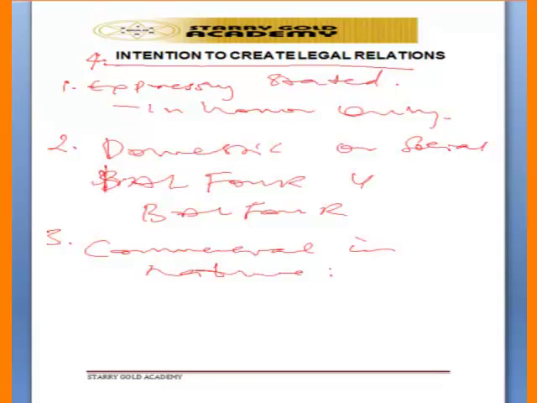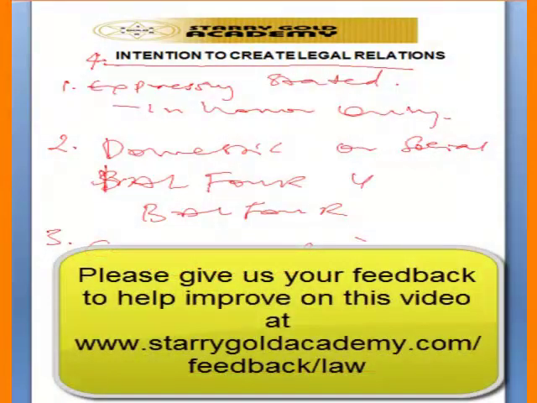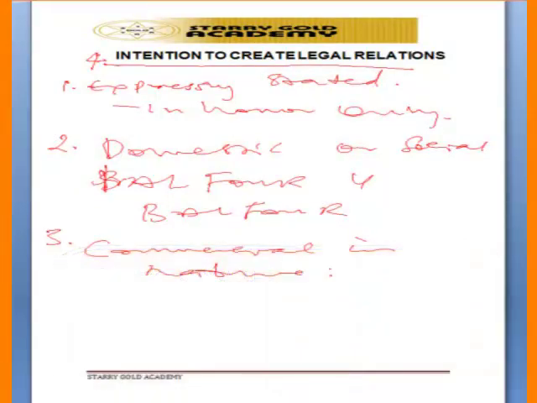So that is the way the court may discover whether parties coming into a contract intend to enter into a legal relation or not. If it is commercial in nature, the court will assume that they intend to enter into a legal relation because it is commercial. If it is domestic, the court will assume that they don't intend to enter into a legal relation. Also, it may be stated in the agreement, either in written or oral form, that they intend or do not intend to enter into a legal relation.